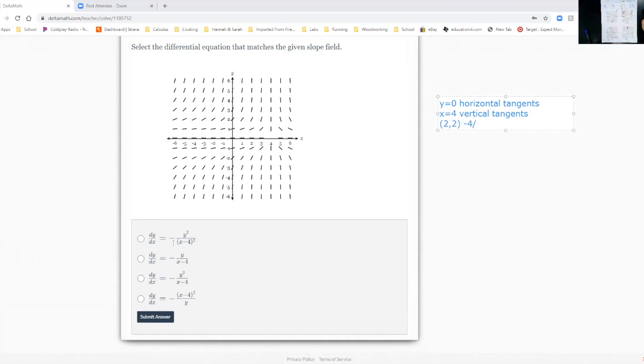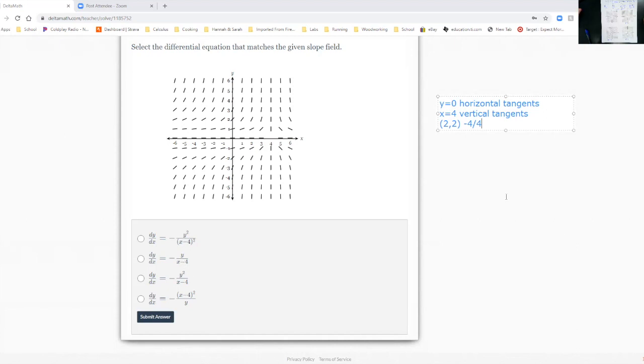In the top one, I'd get 2 squared, which is 4, but this makes it negative 4. And down the bottom, I'd have 2 minus 4, which is negative 2, squared is 4. So at (2, 2), this is what I mean by plugging in that point, we have a slope of negative 4. So guess what? We've just eliminated this one. Now we know it's one of these two.